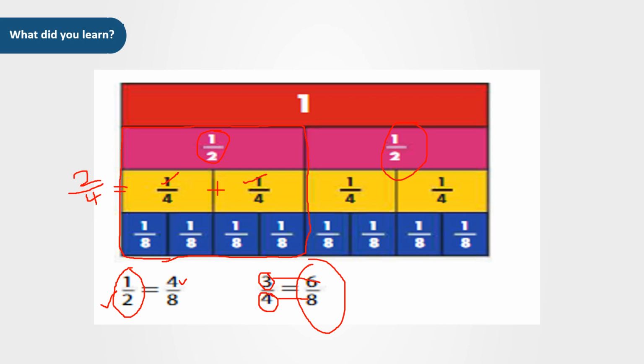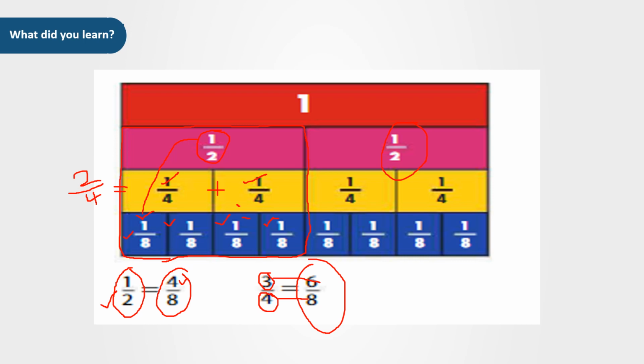But here they have written 4/8. How? Just look. This yellow part is equal to 2 blue parts, right? And this yellow part is again equal to these 2 blue parts. So 1/2 is equal to 1, 2, 3, and 4 blue parts, right?